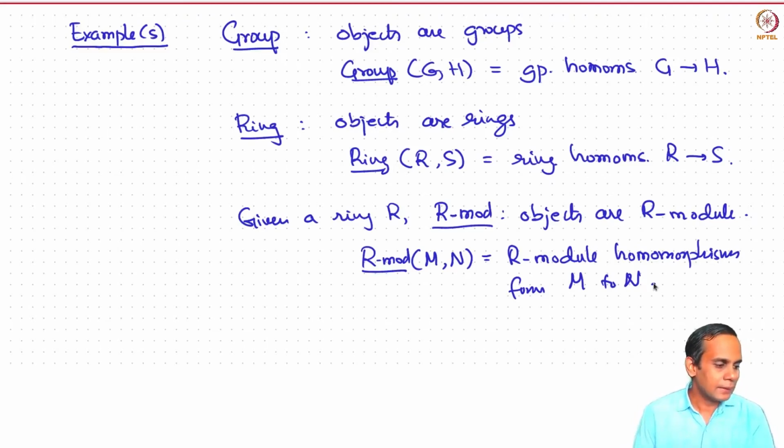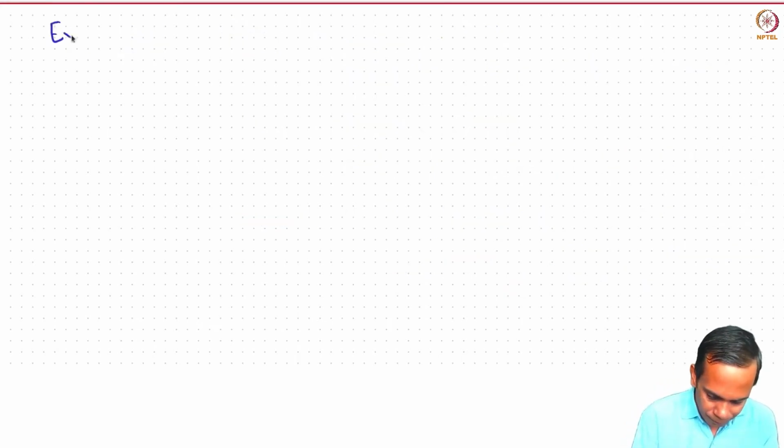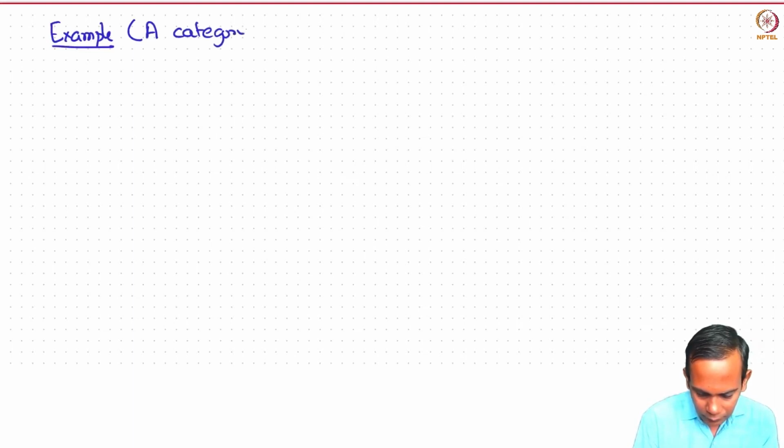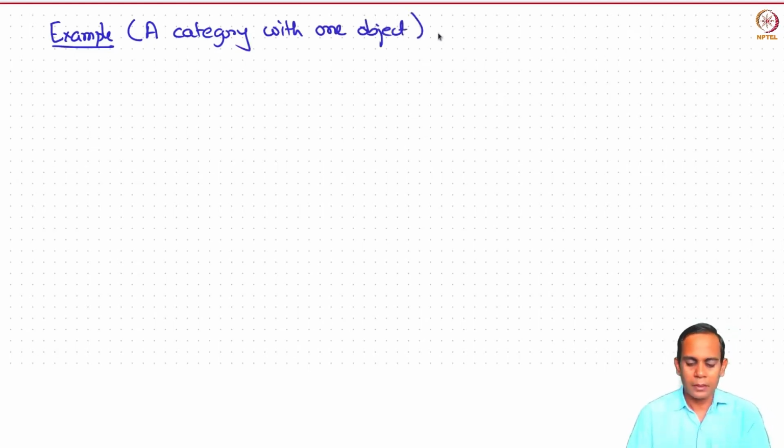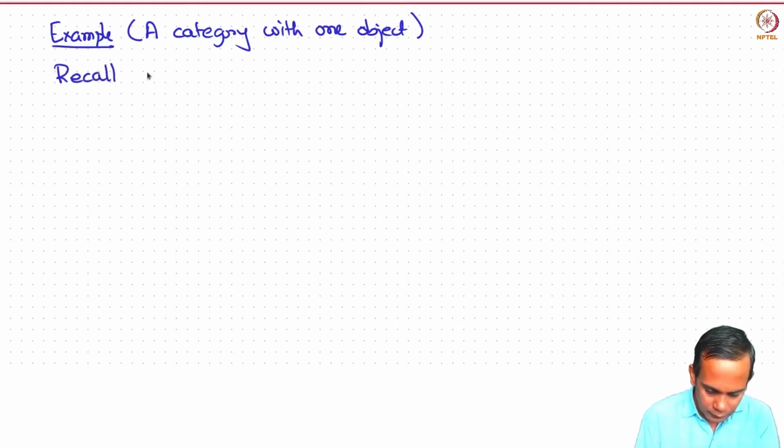Let's look at a slightly different kind of example where the objects are not sets. So, a category with one object. Recall that a monoid is an algebraic structure.